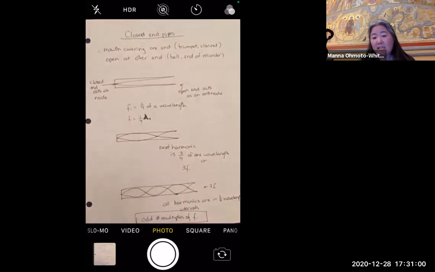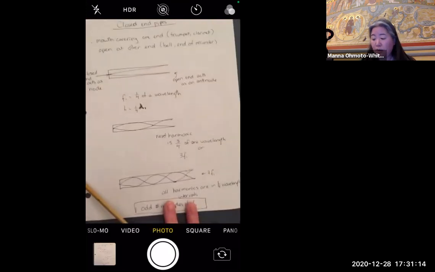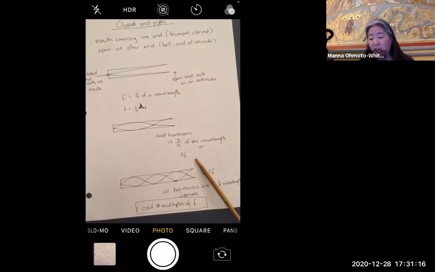The next thing that I can get, where this is still a crest or trough and this is still a node, is 3/4 of a wavelength, right? This is half and this is a quarter. So the next harmonic that I have is not actually 2f1. It's not the second harmonic. It's actually the third harmonic. So 3f1. And so on and so forth.